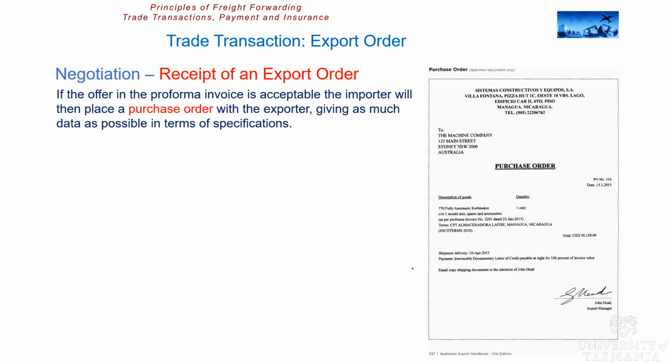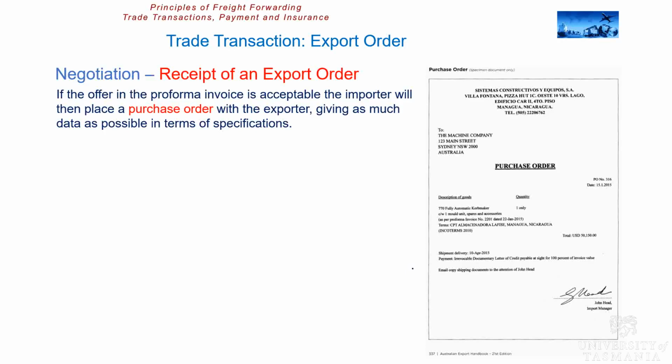Now, from the importer or the buyer's perspective, if the offer in the pro forma invoice that we just looked at is acceptable to them, they will usually put into the system what's called a purchase order. So they'll place that purchase order with the exporter, giving as much data as possible in terms of the specifications.